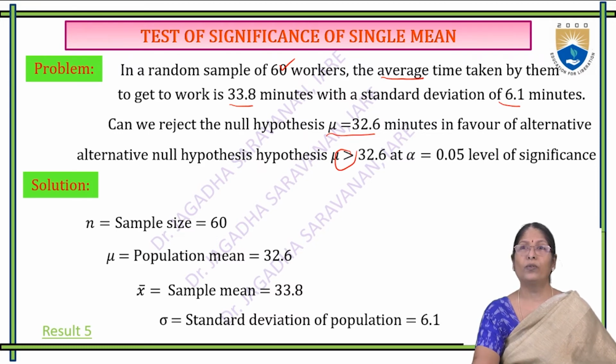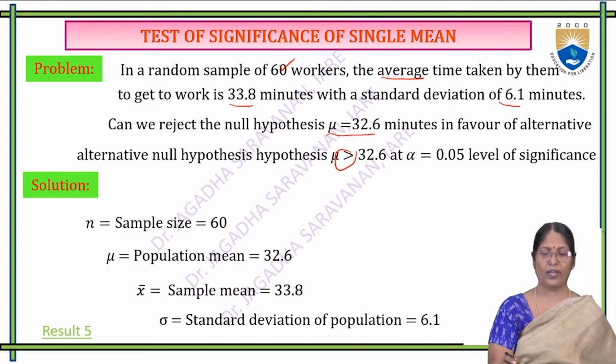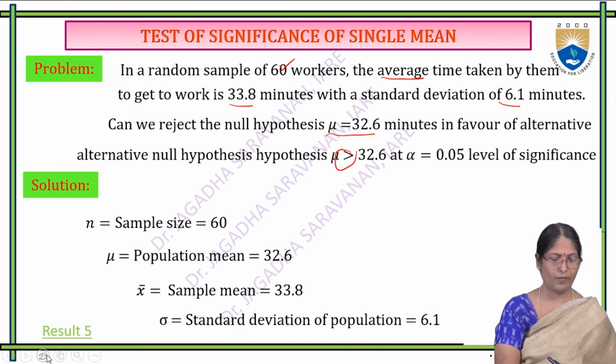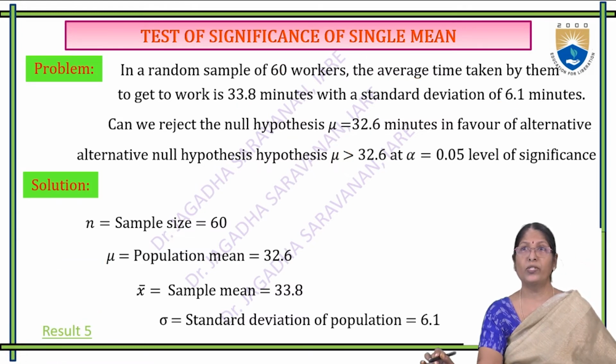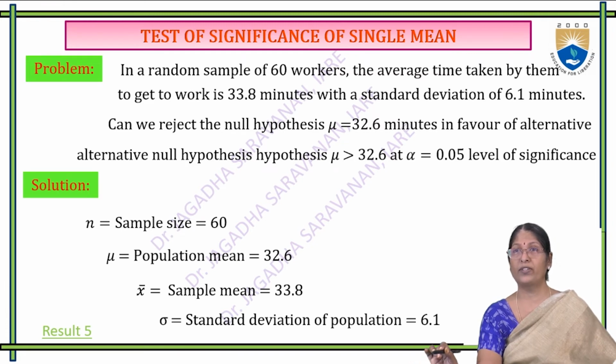Now, in this particular problem, there may be a doubt. Reading the question: in a random sample of 60 workers, it means we are taking a sample of 60. The average time taken by them to get to work, 33.8, comes under the sample mean.